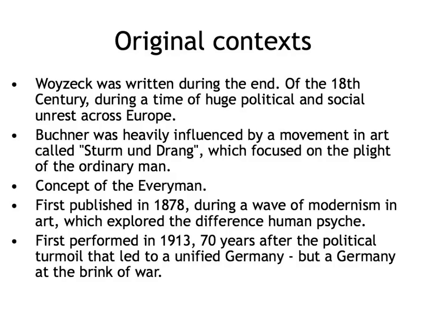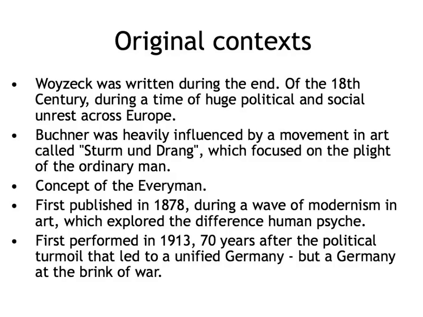those change and develop. And then the performance was in 1913, which is 70 years after the political turmoil that led to a unified Germany. So the political background of the performance is very different to the one in which it was written. So why perform it then?